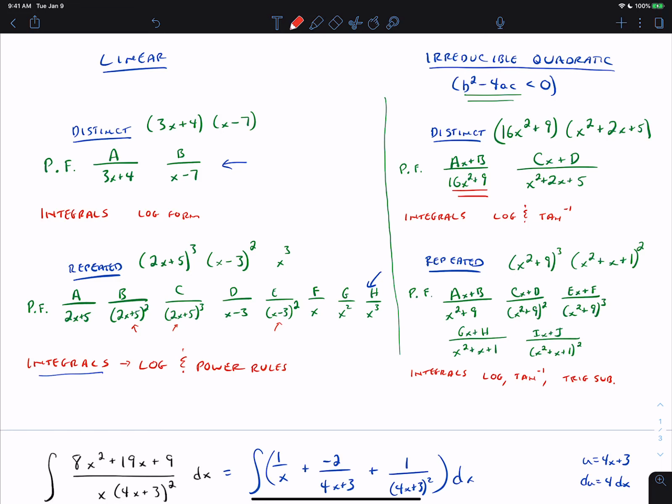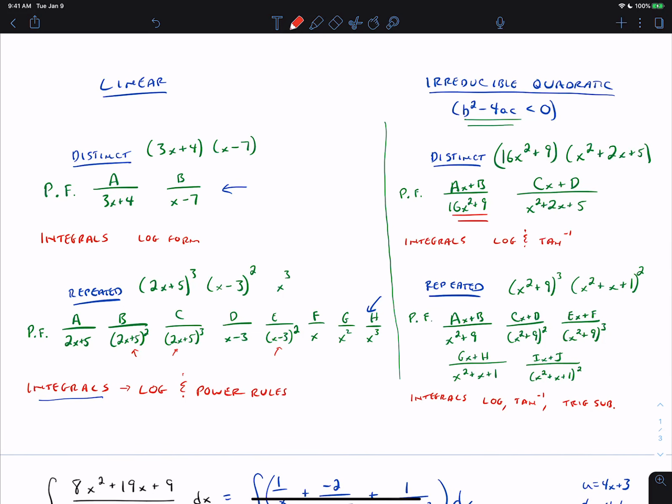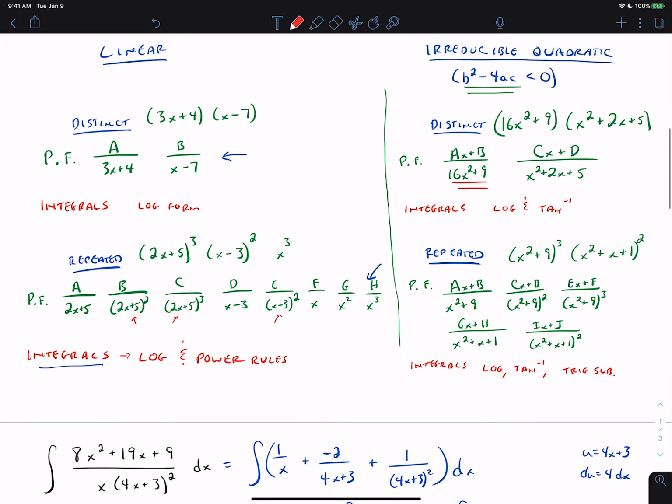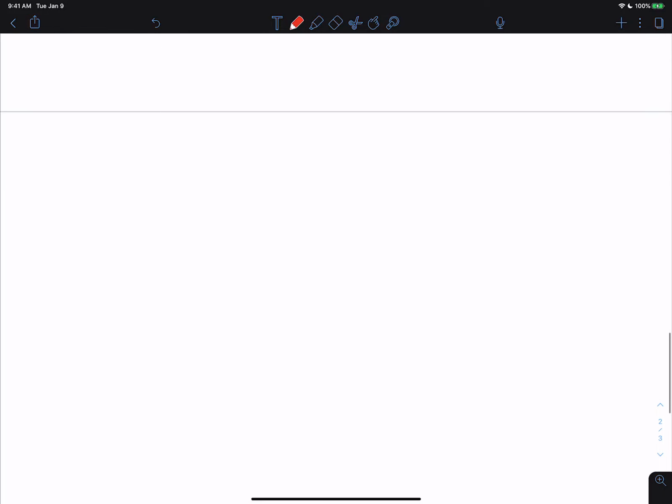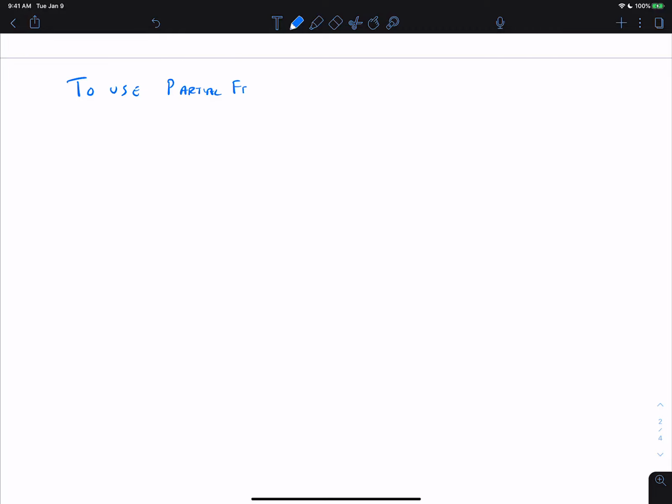Okay, so this is a summary of, first of all, how to break it down when you're trying to use partial fractions, and then how to do the integral once we've got the decomposition. The next thing I want to talk about is how we know when we use partial fractions decomposition. To use partial fractions, you need 2 things to be true.